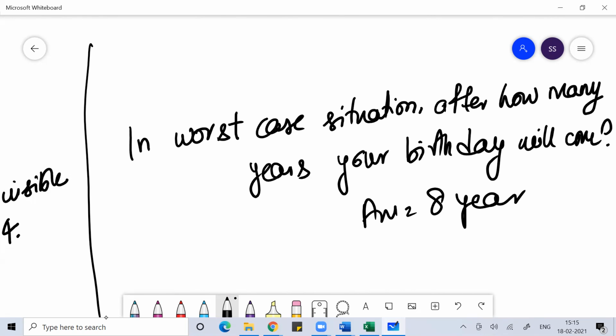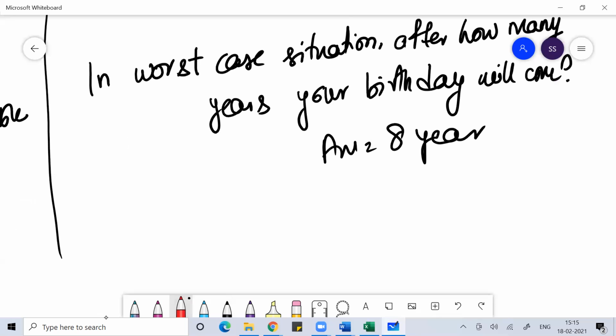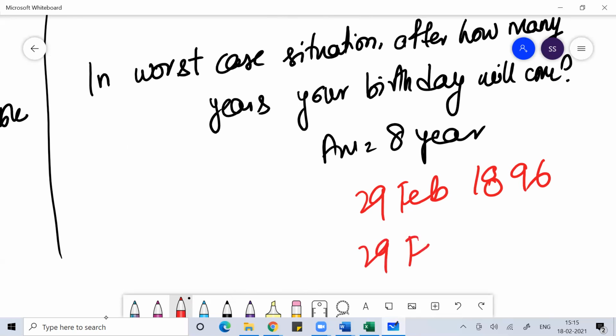How 8 years? Because imagine there's a person who was born on 29 February 1896. Then the next time his birthday will come is on 29 February 1904, not 1900.